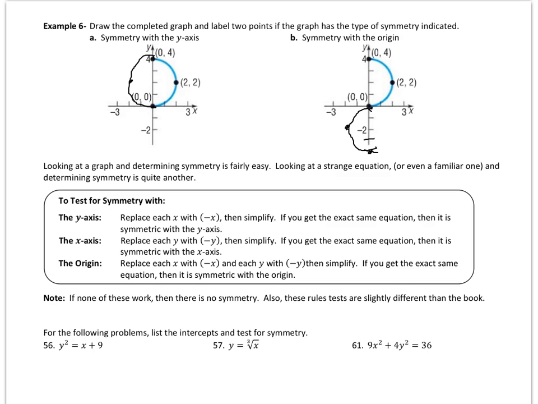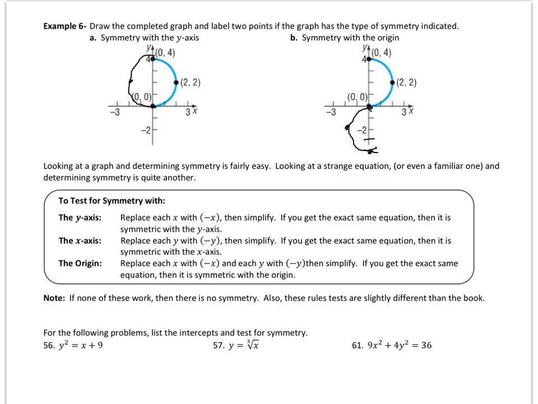Okay. If you want to test for x-axis symmetry, replace each y with negative y and simplify it. If you get the exact same equation, it has x-axis symmetry. If you want to determine origin symmetry, okay, replace each x with negative x and each y with negative y and simplify. If we get the exact same equation, then it has symmetry with the origin.